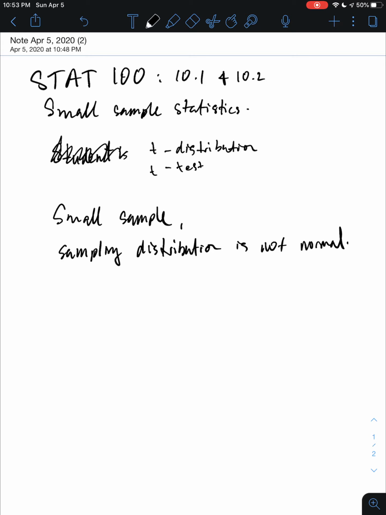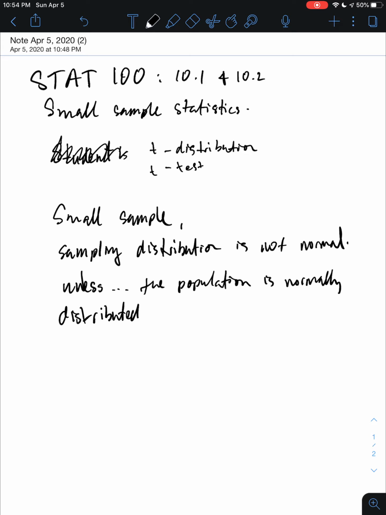If you go back to chapter 7 and read it very carefully, it's in there. Unless the population is normally distributed. So if the population is normally distributed, then the sampling distribution is also normal.